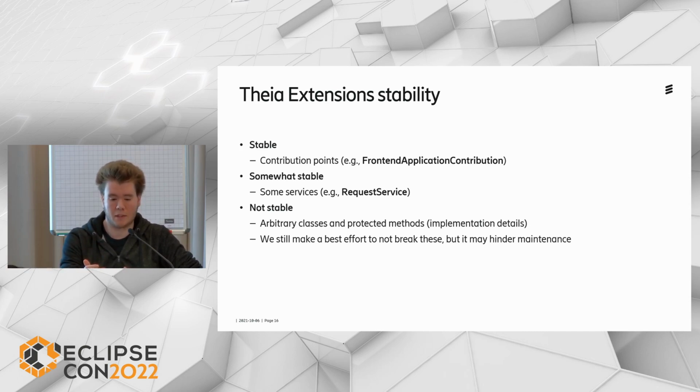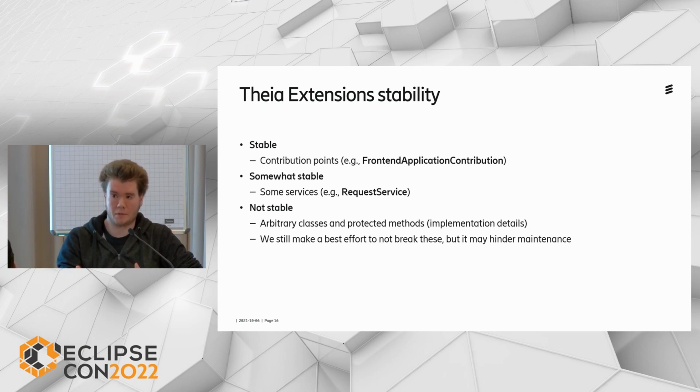That's all good, but those are not as stable as contribution points, which were designed to be extensible in the first place. And then lastly, you have the least stable components in the framework, where if you try to rebind implementation details of the framework, it's all good, but brace yourself for when you do the upgrade, because as part of the maintenance of a framework, we may want to clean up internals, refactor APIs and implementation details.